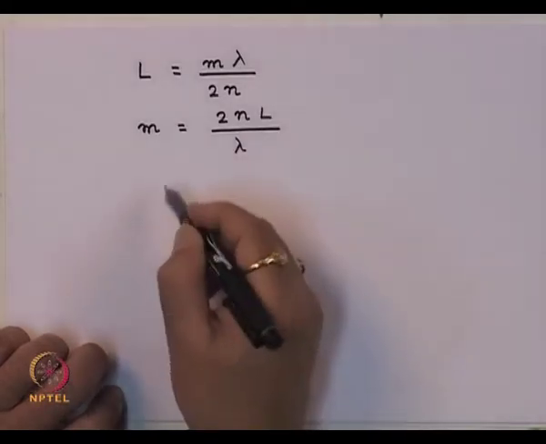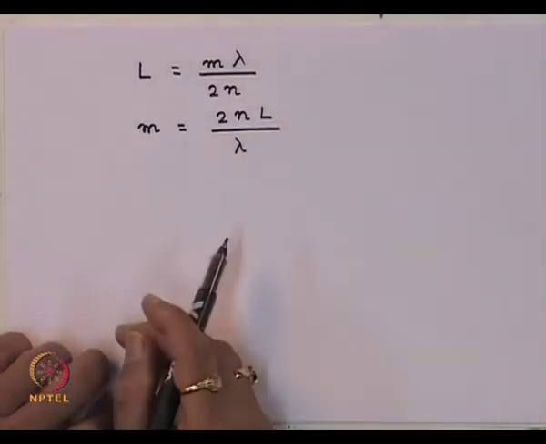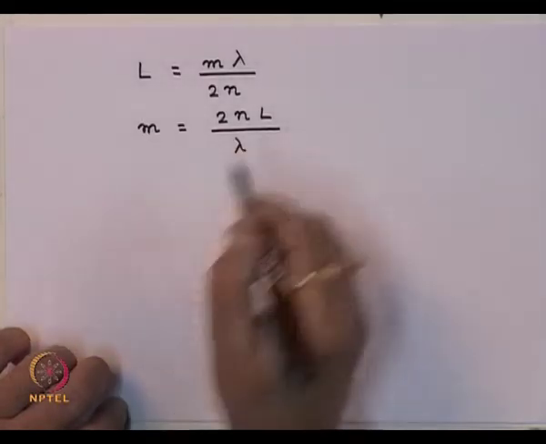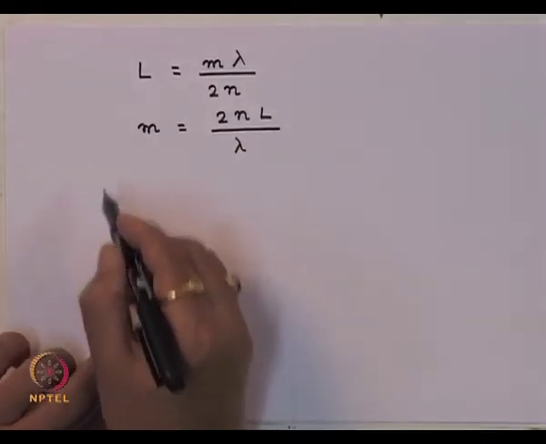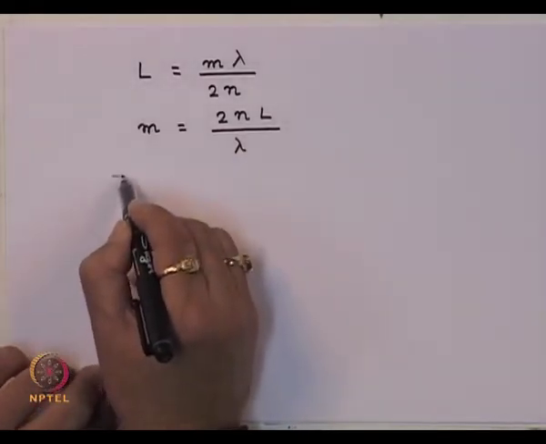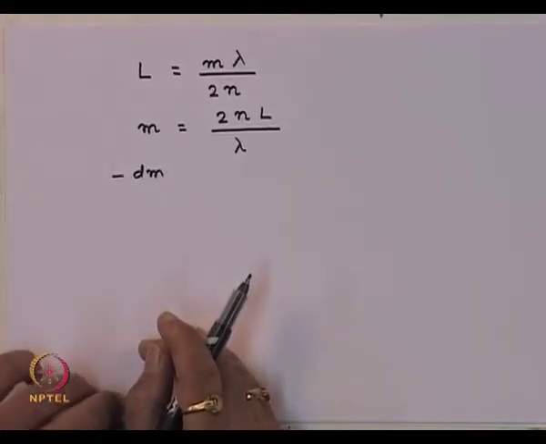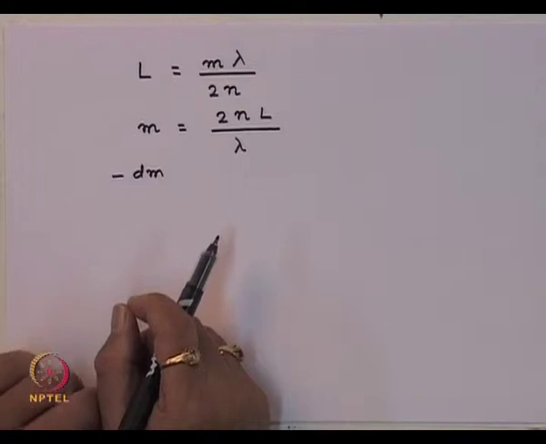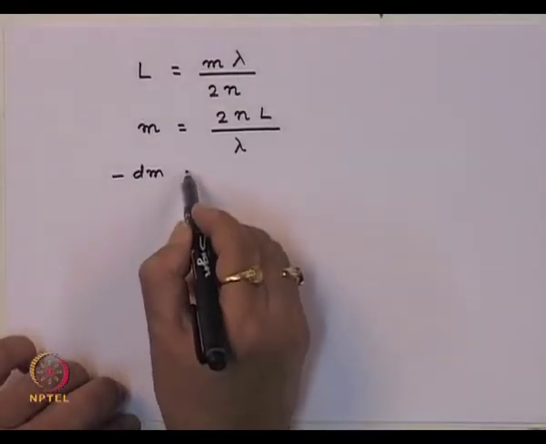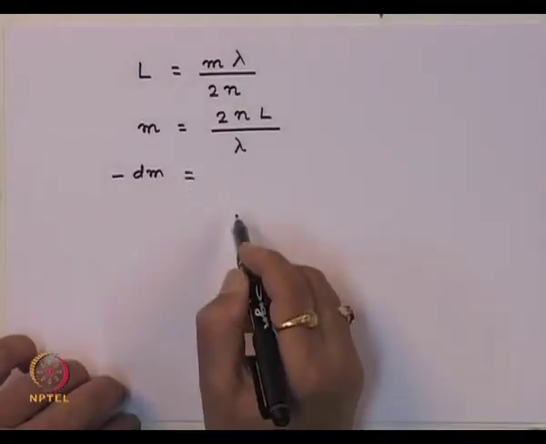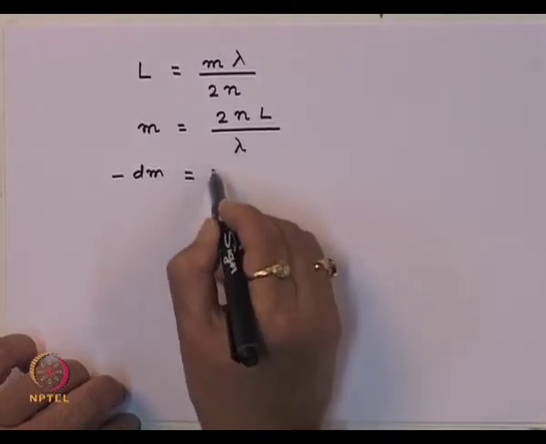So, as we have done earlier, to find out the separation between the modes, if I differentiate this with respect to lambda, you will get the change in m, which is the modal index, that is equal to 2L.